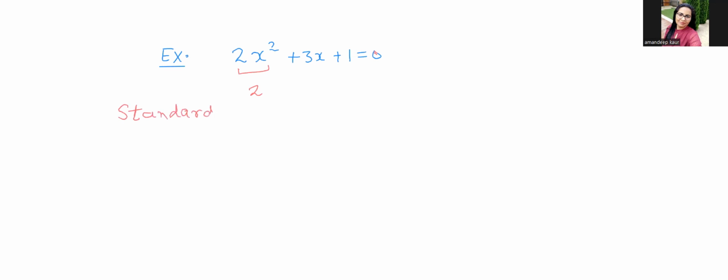Standard form of quadratic equation is very simple, very easy: a x square plus bx plus c equal to 0.